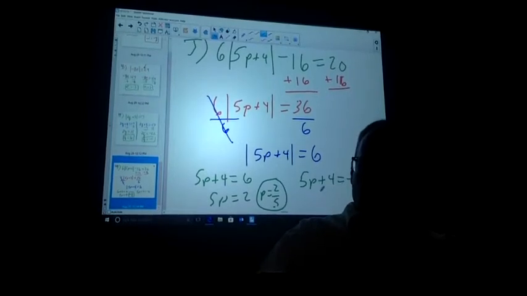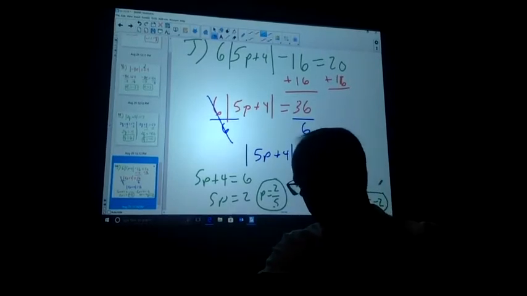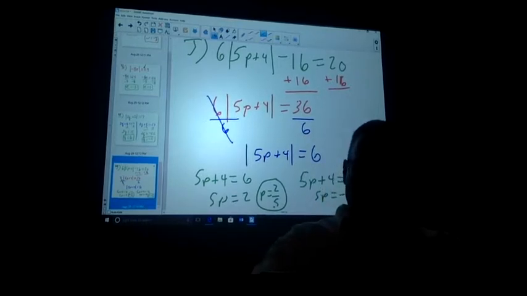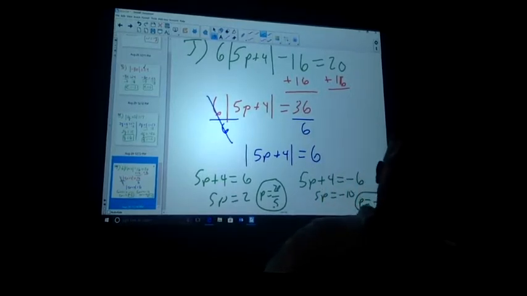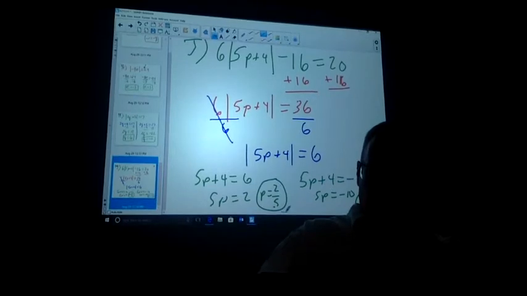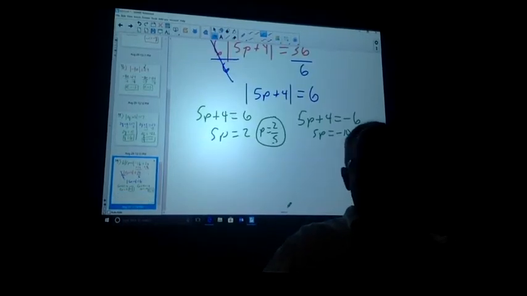Second one, I'm going to subtract 4 from both sides, so I get 5p equals negative 10. So I find out that p equals negative 2. There's my two answers. Wait, what's the other answer? P equals -2 and then p equals 2 over 5. You see it now? I moved it up.